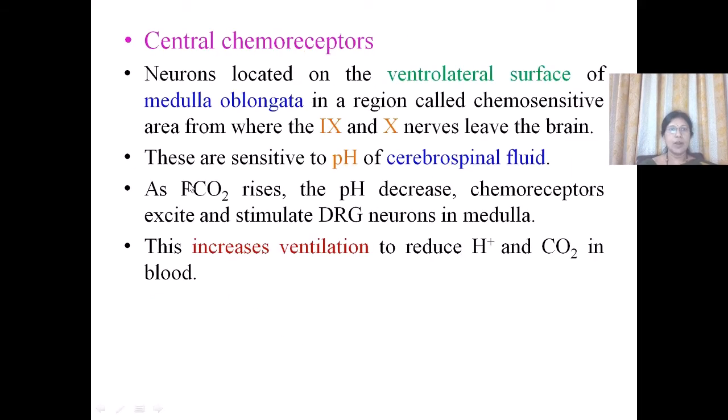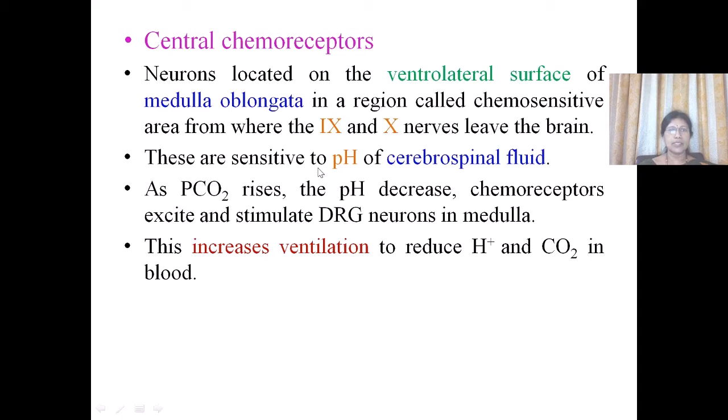Now let us see about central chemoreceptors. Central chemoreceptors are the neurons located on the ventrolateral surface of the medulla oblongata in a region called chemosensitive area. From this area, the 9th and 10th cranial nerves leave the brain. So these receptors are sensitive to pH of the cerebrospinal fluid.